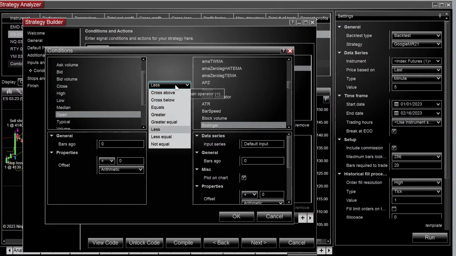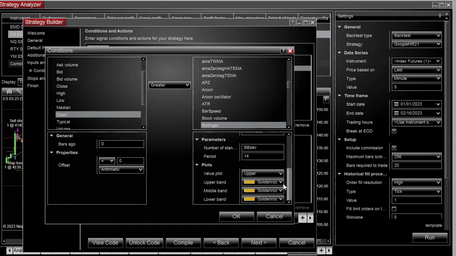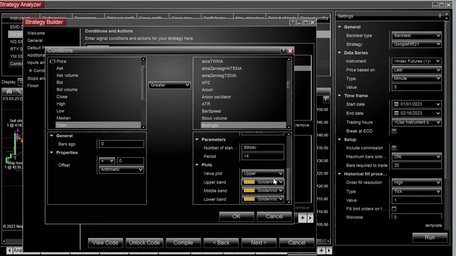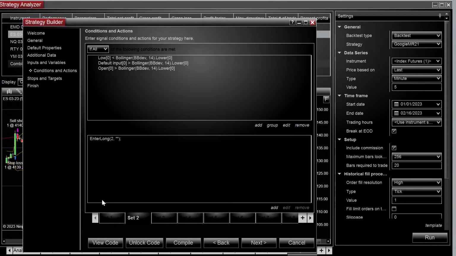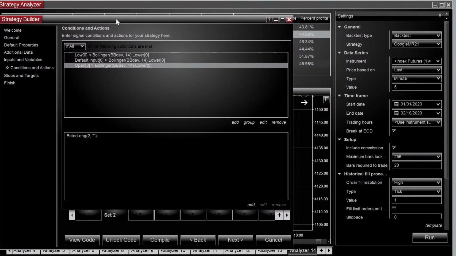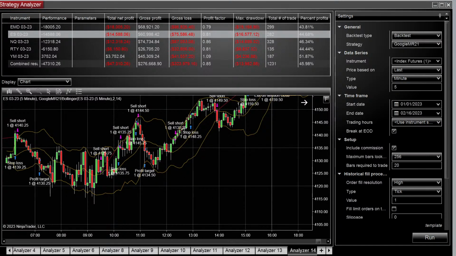And the open is greater than the lower band. Upper, lower, lower, lower. I don't think I need to change anything else, but we're going to find out.